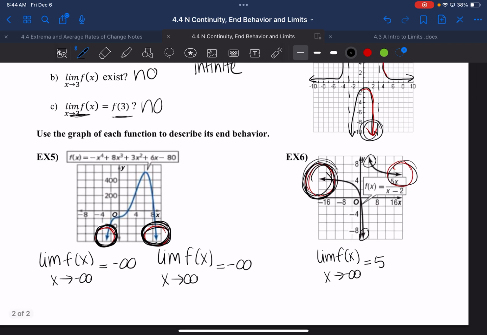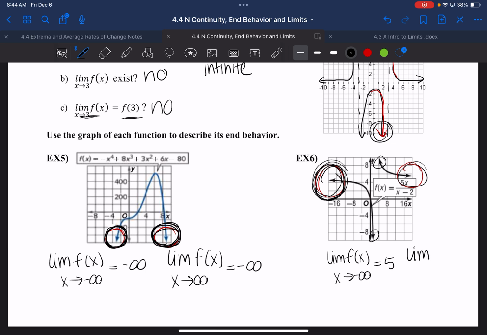Okay. All right. For the other side, the limit of our function over here, where is x headed? Infinity. And where is y headed? 5. Right, because these lines, it looks like, are increments of 2. So this is 4, this would have been 6. So those are right in between there, right? Okay.